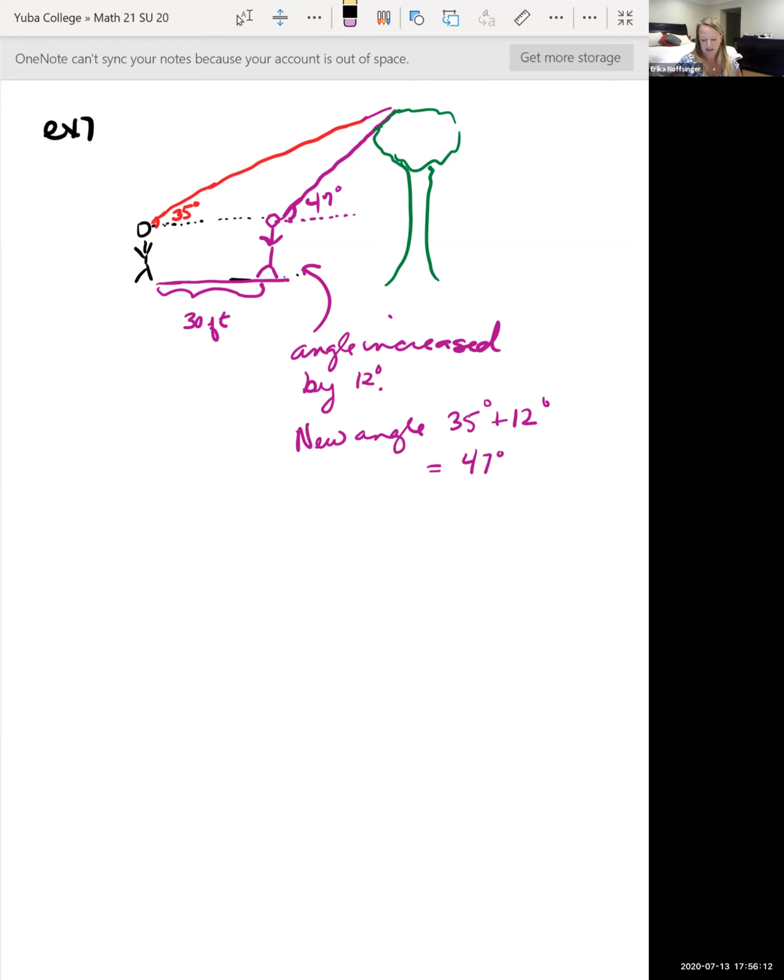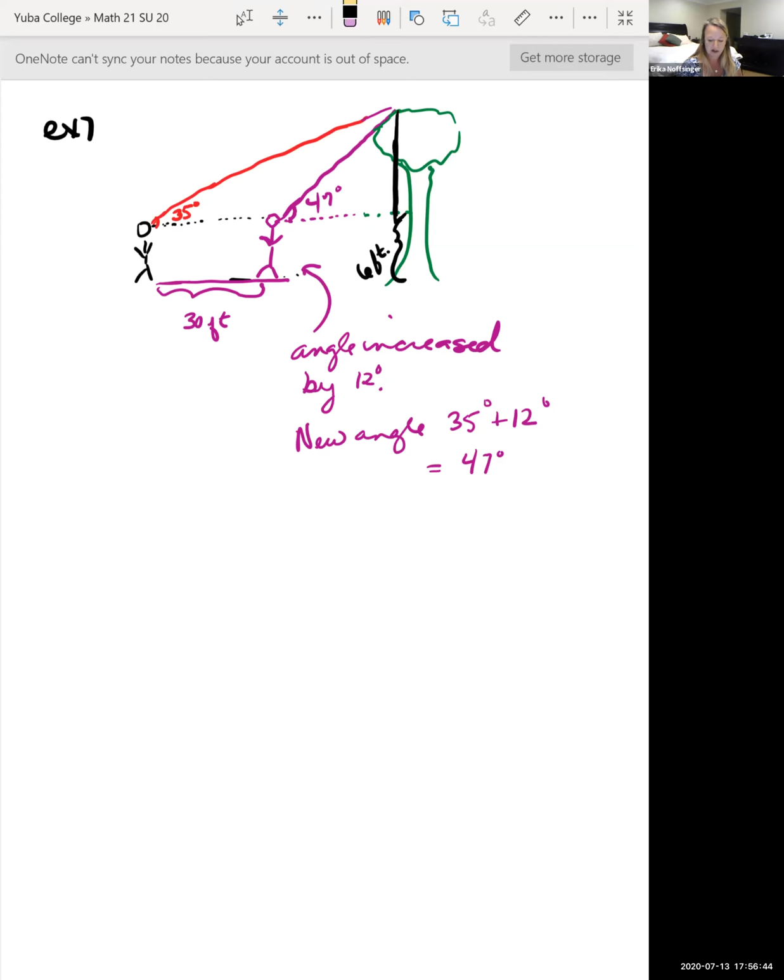Okay. Let's think about it. We know his height. We know that this length in here is 6 feet. So let's think about that later; right now let's find this length.